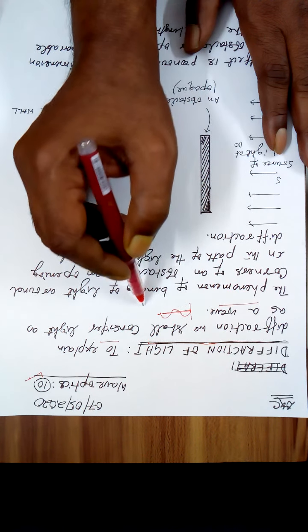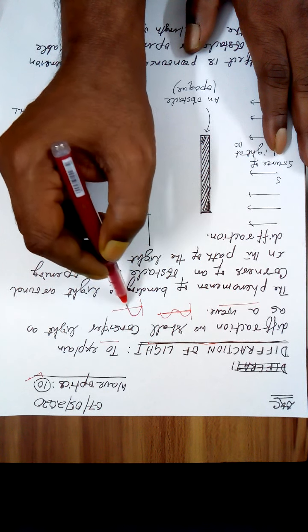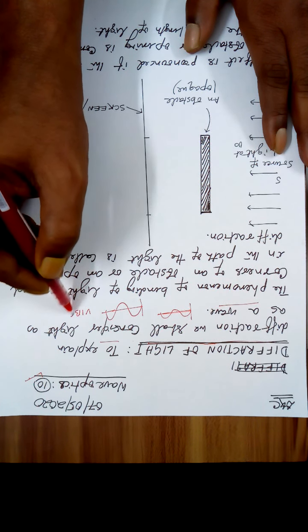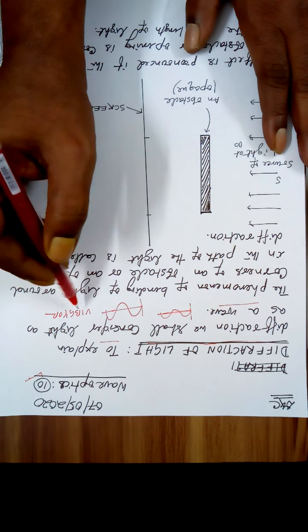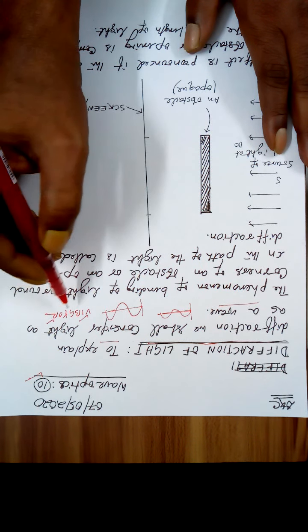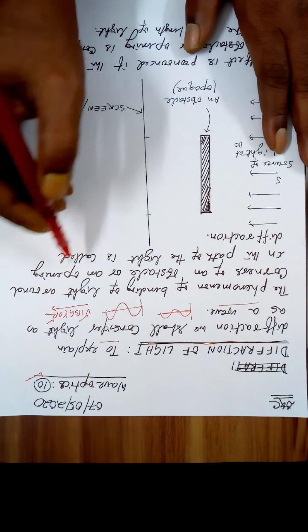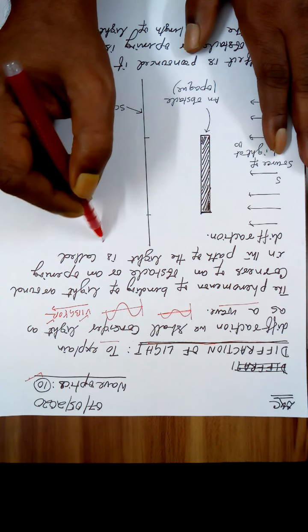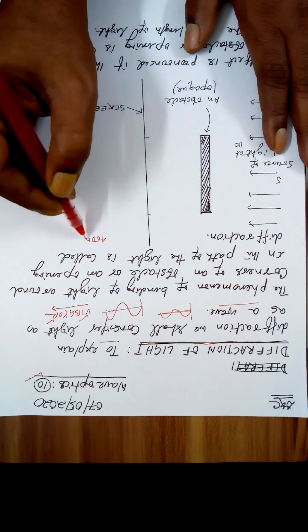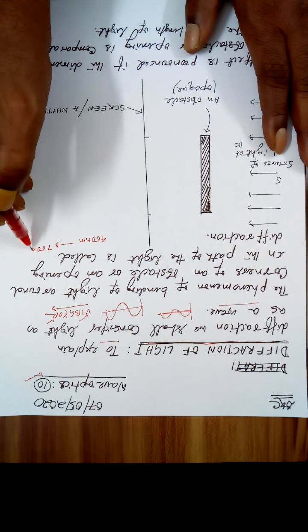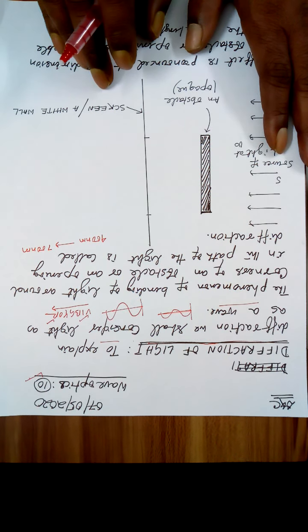The wavelength of visible light, from VIBGYOR, from violet to red, increases to this side, and it is roughly from 400 nanometer to 700 nanometer, right?